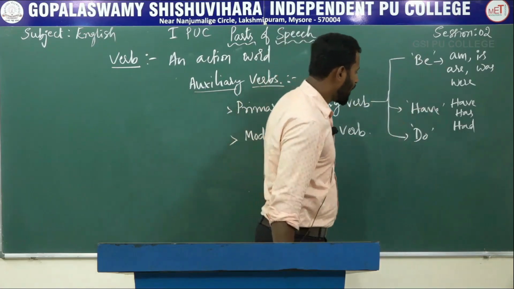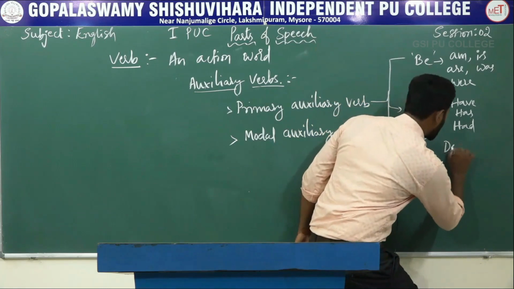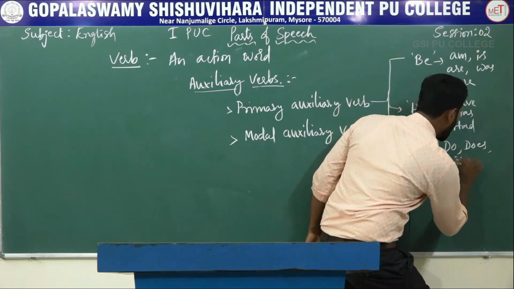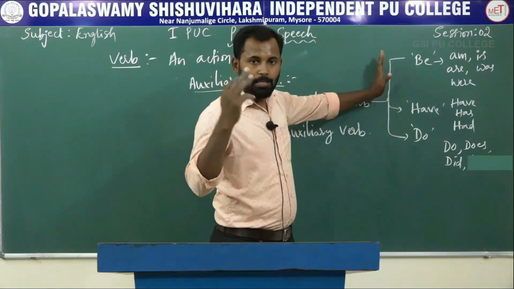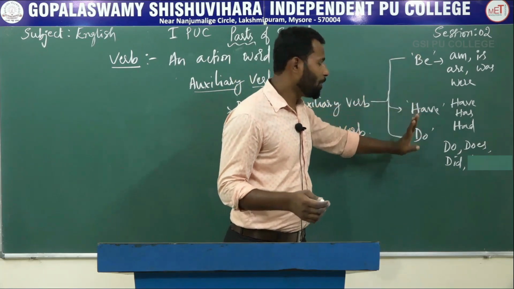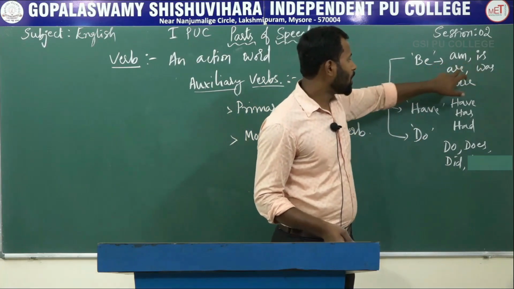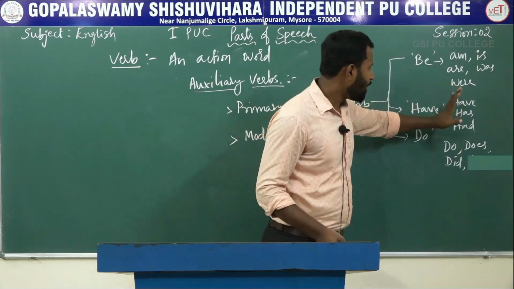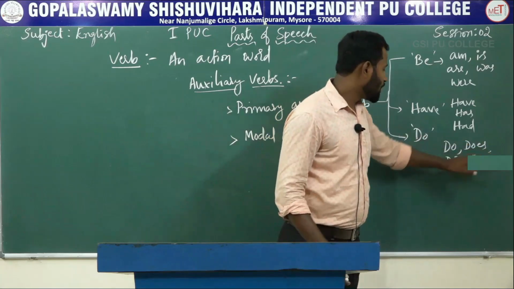In the last one you have do. In primary auxiliary verb you have do, does, did. So primary auxiliary verbs come under three different forms. First one be form, have form and do form. Under be form you have am, is, are, was and were. Under have form you have, has and had. And under do form you have do, does, did.